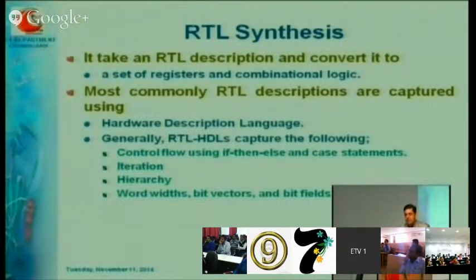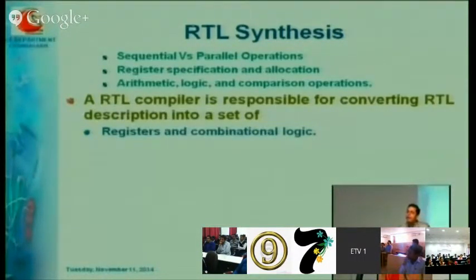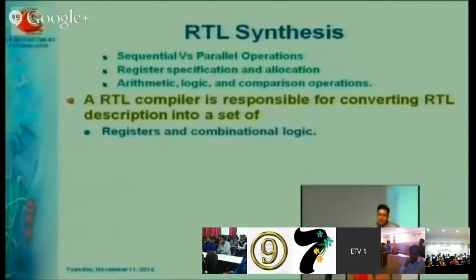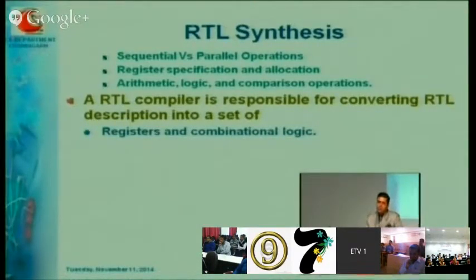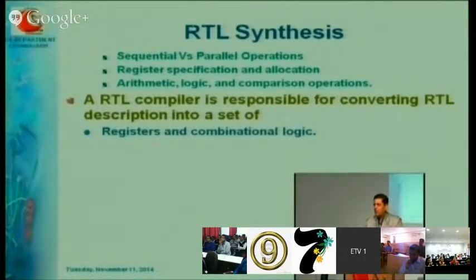You can change this word width and go for bit selection. Another thing is, while you write your code, it can be either sequential or parallel. Sequential means you process your data one by one, or you can process your complete data in just one clock, and that is known as parallel operation.